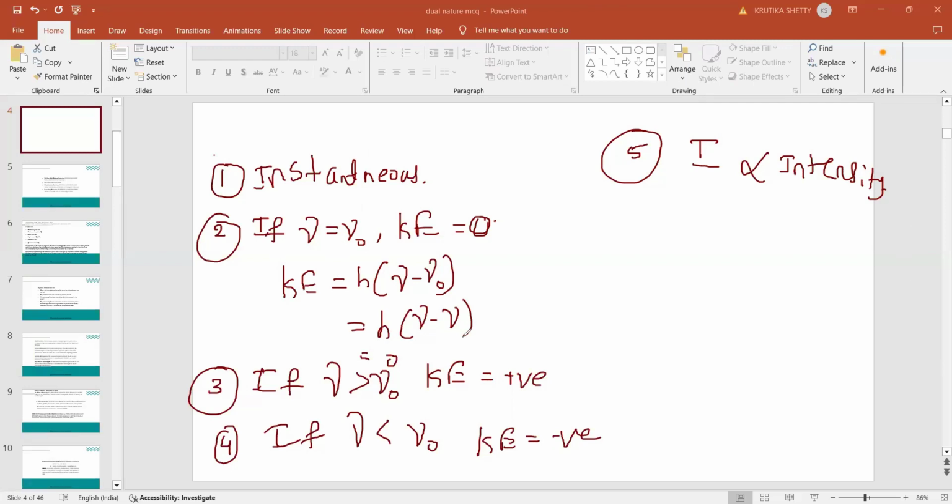So suppose the incident frequency and the threshold frequency are equal, the kinetic energy is 0. Suppose incident frequency is greater than the threshold frequency, kinetic energy is positive. Suppose if it is less than that, kinetic energy becomes negative. Okay. So this is regarding Einstein's explanation, students. Yes, is it clear to everyone?